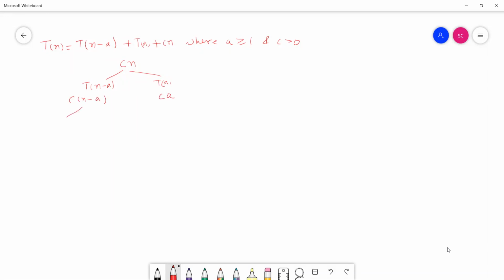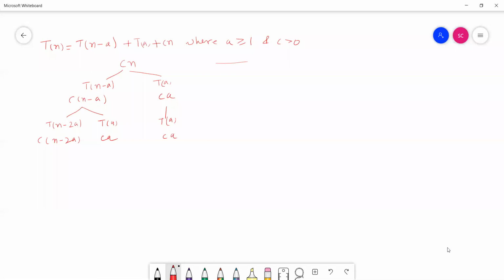So here I will again get two subproblems of size T(n minus 2a) and T(a), because this is constant. And here I will get one subproblem of size T(a) because n is not there. So again I will do C into (n minus 2a) amount of work. Here I will get Ca amount of work, and here also Ca amount of work.